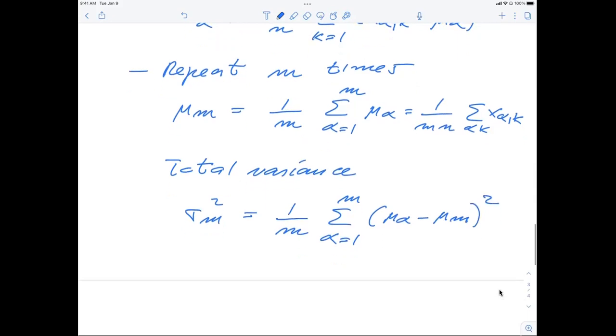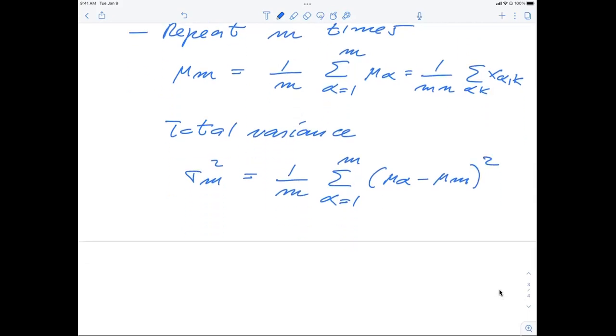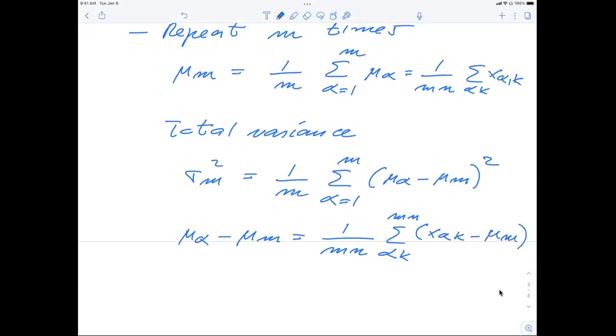And this is something which we then can rewrite if we now look back at mu alpha minus mu of m. This is simply going to be given by 1 over m and n, and then we simply set up the sum over alpha up to m and n, and then we have x alpha k minus mu of m. So remember now that mu of m is just a constant.